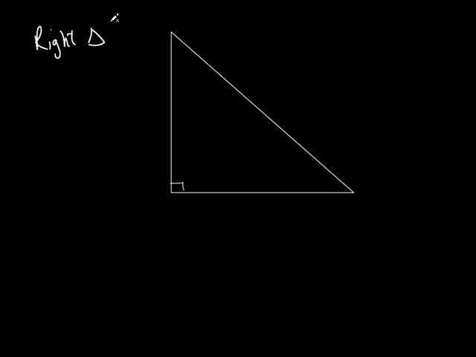I'll put the symbol for triangle. What's a right triangle? It has exactly one what? Right angle. Okay? So it's got exactly one right angle. Can you have any triangle with more than one right angle? Again, same kind of reasoning, right?